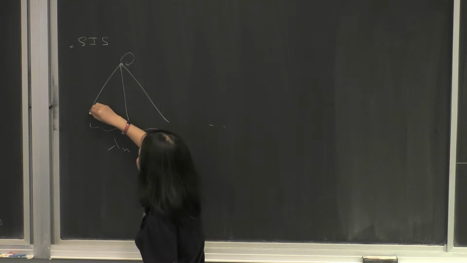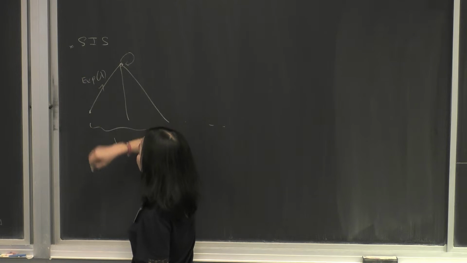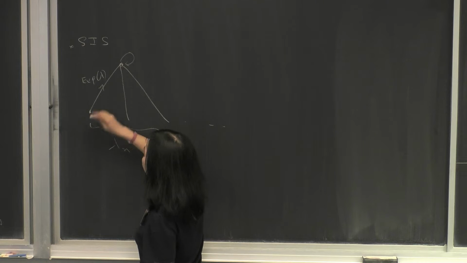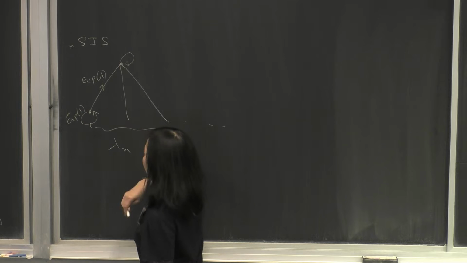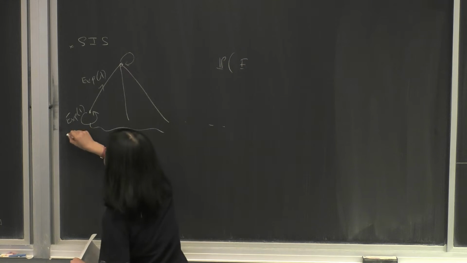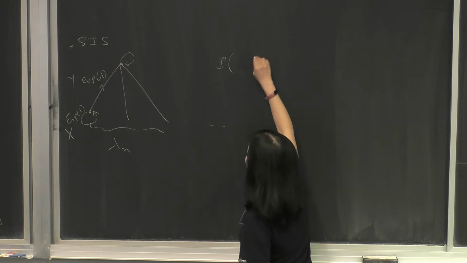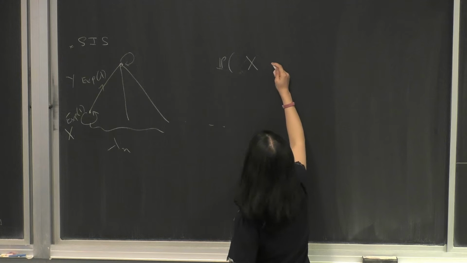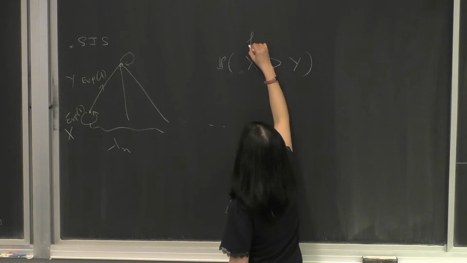The chance that, let's say this guy is infected, it will reinfect the root with an exponential lambda clock, right? And it will recover with an exponential 1 clock. Now let's say this is x, and this is y. The probability that x is bigger than y is the probability that it fails to reinfect the root.